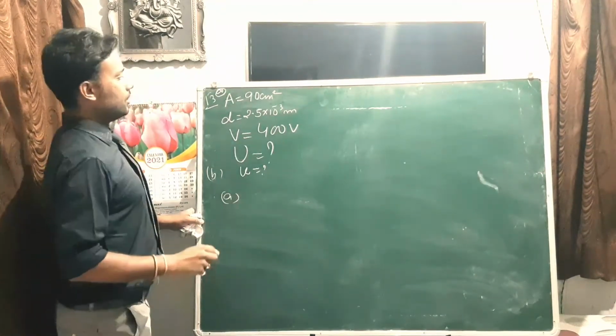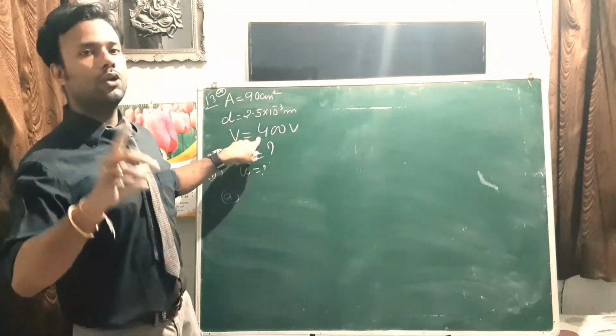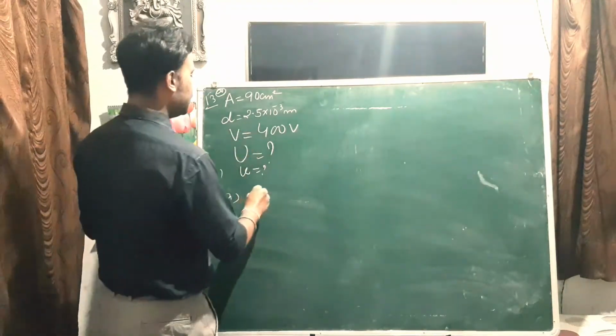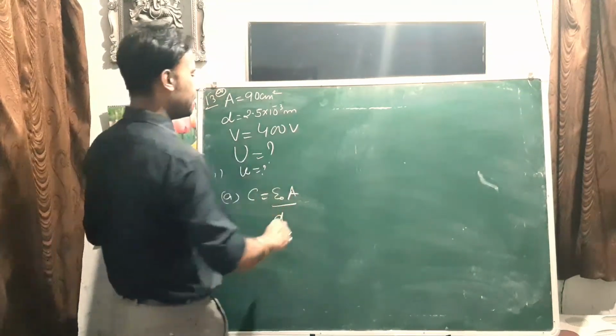A, U is half CV square. We have V, so we have to first find the value of C also. So C will be epsilon naught A upon D, right?